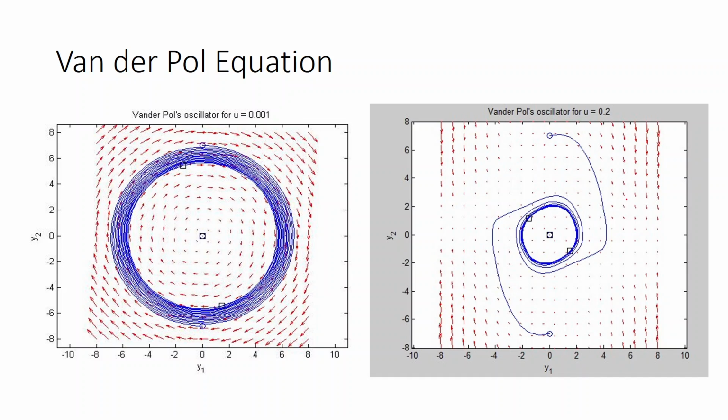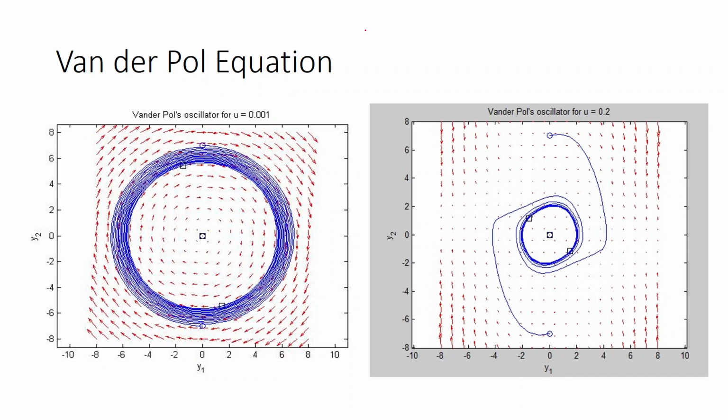The behavior is this: the trajectories around the closed curve in the middle are actually converging to that closed curve. This is the phenomenon of limit cycles.